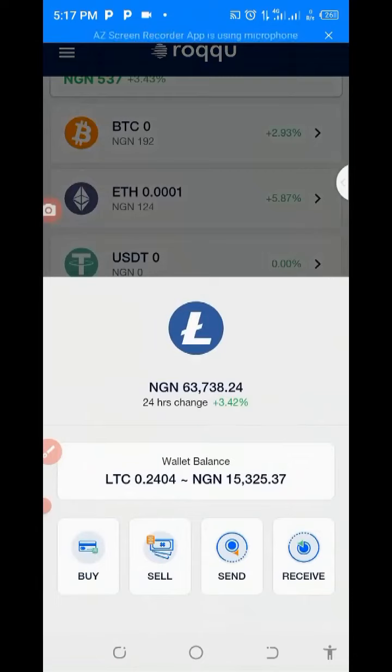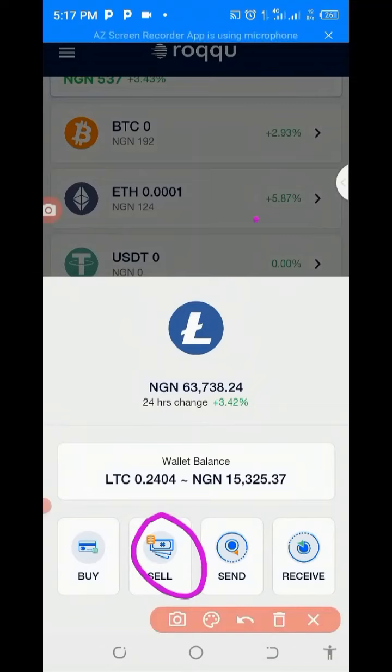I move to crypto and I want to sell immediately. By the time I click on this sell button, automatically the money will go back to my main account, and from there I will transfer it to wherever I want the money to go, whether my bank account or my commercial bank account.